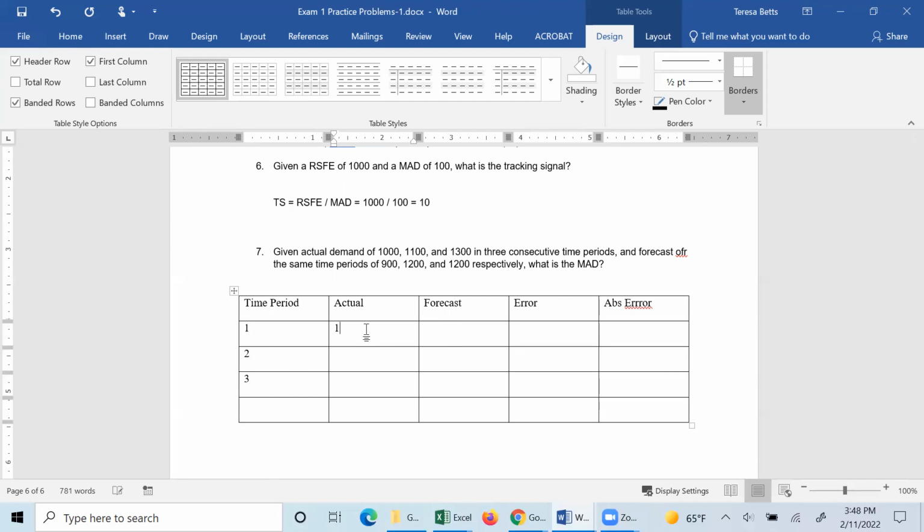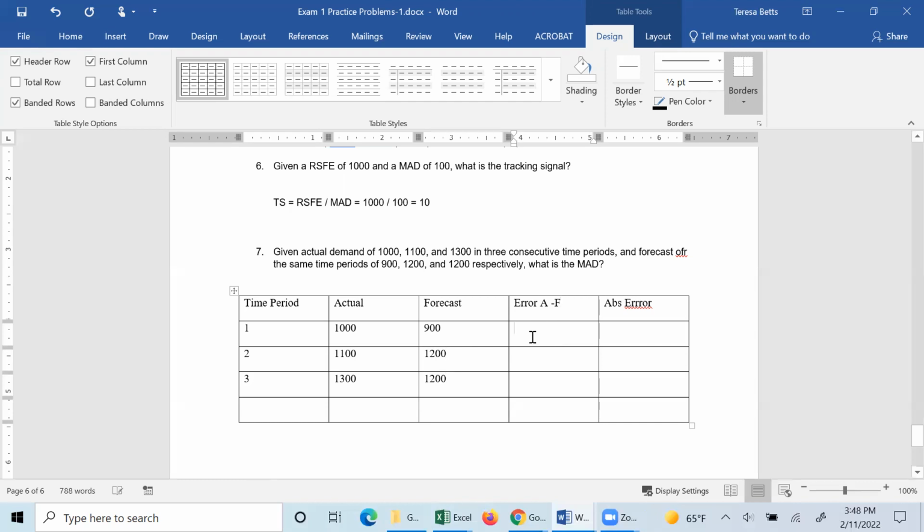So actual 1,000, 1,100, and 1,300. Forecast 900, 1,200, and 1,200. My error is actual minus forecast.